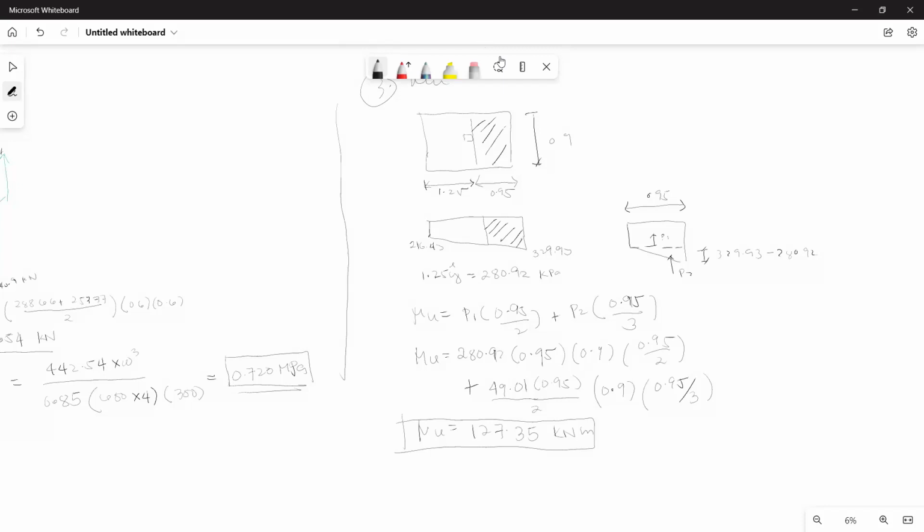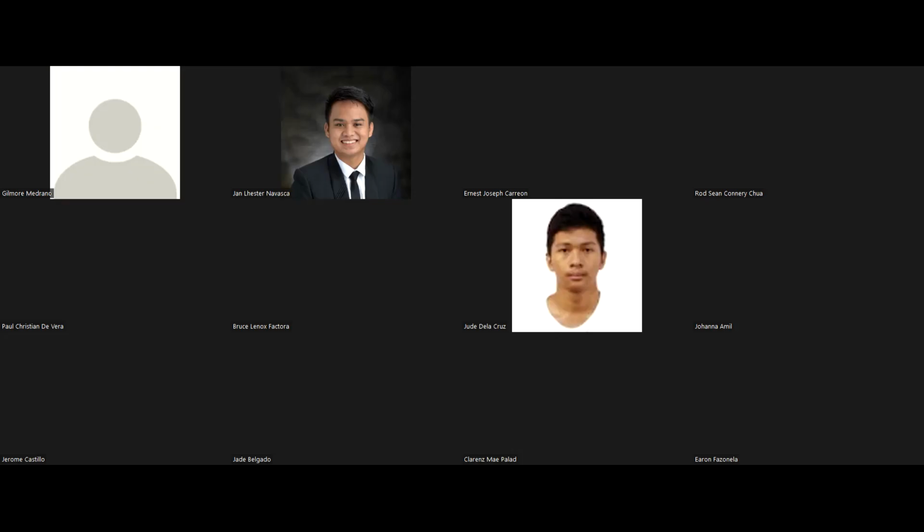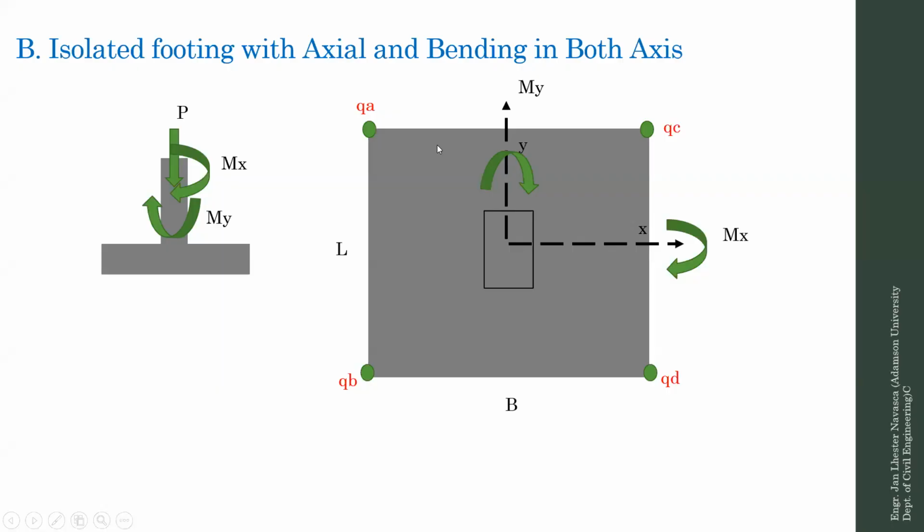Okay, I stop sharing. So for the coverage of the quiz on Friday, I will upload yung remaining part netong module 16 which is yung axially loaded footing with bending in both axes.